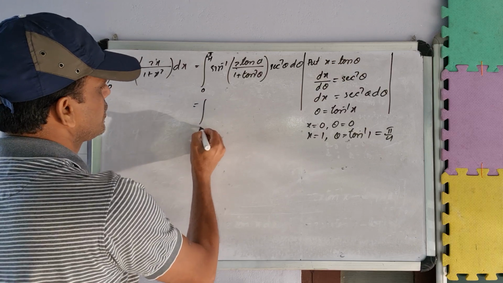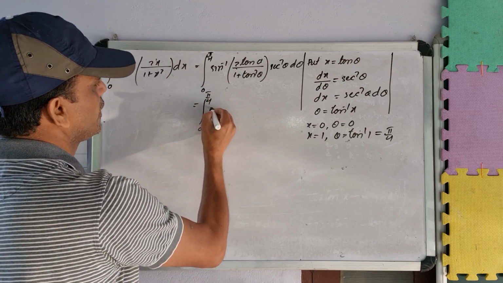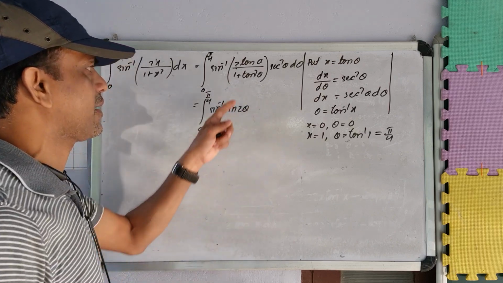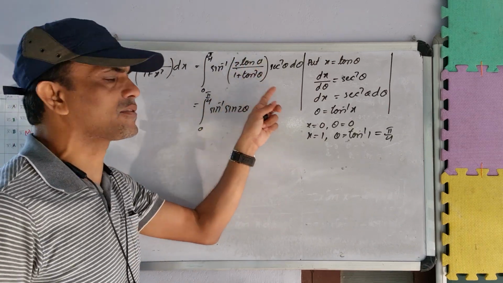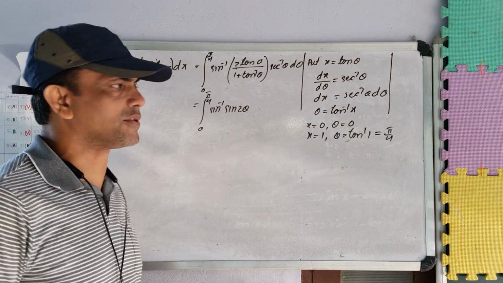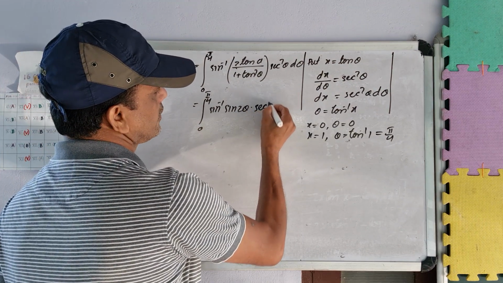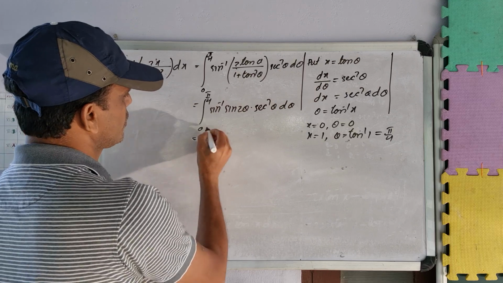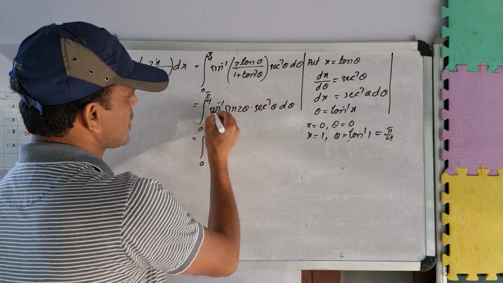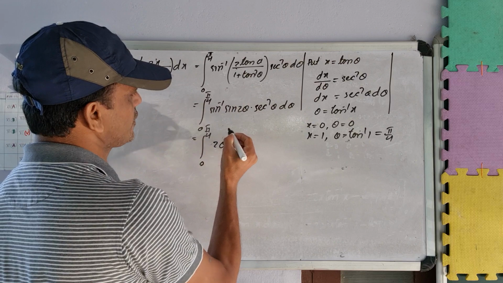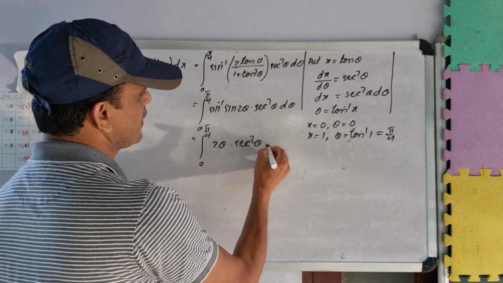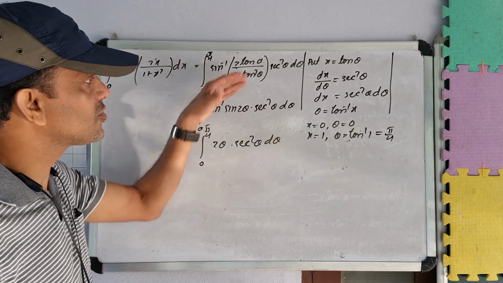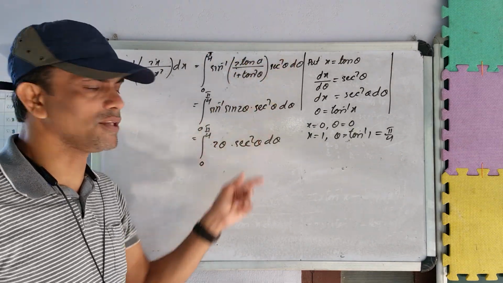That equals the integral from 0 to pi over 4 of sine inverse of sine 2 theta, because 2 tan theta over 1 plus tan squared theta is sine 2 theta, a trigonometric identity, times sec squared theta d theta. That is the integral from 0 to pi by 4 of 2 theta sec squared theta d theta, and that's it. Now we have changed the variable from x to theta.